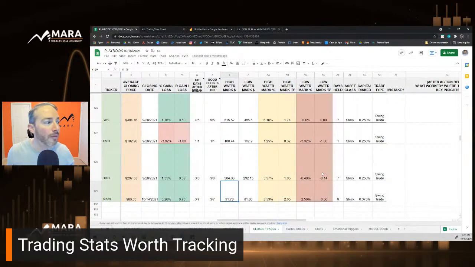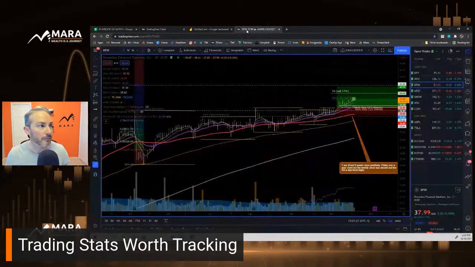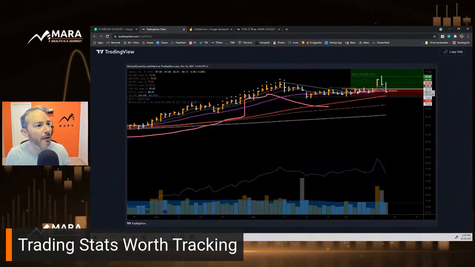So now that I know that, it gives me a better feel of how far I need to allow trades to move against me before just saying, you know what, this trade's a loser, let me leave. Another great thing to track, and I'm always looking to add new and different things to the sheet, is how long it takes for this part to come in.